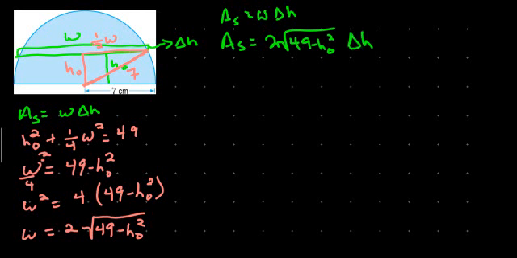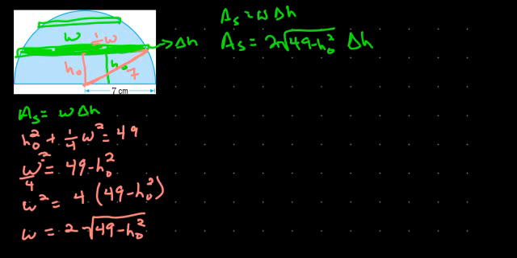Okay, so now that gives me the area of this slice here. And so again, we would do this everywhere for every h as h runs from 0 to 7. Then we'd add them all up, and that would give us our Riemann sum, and that's our integral.